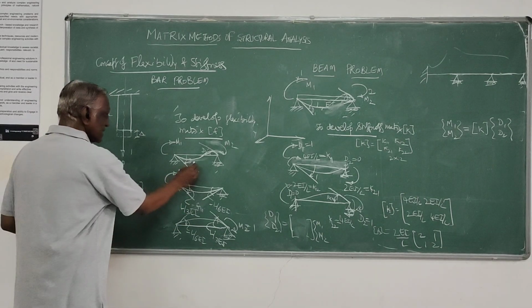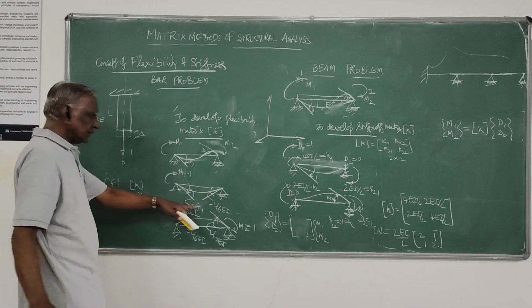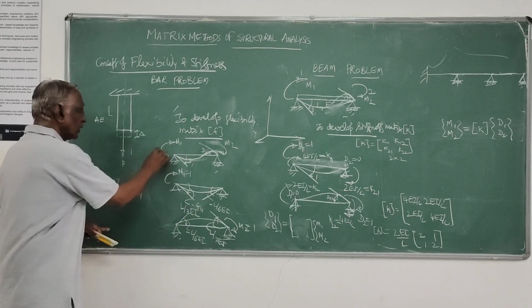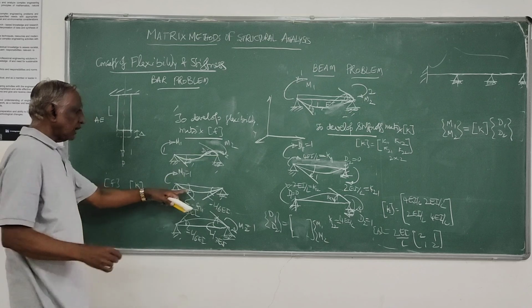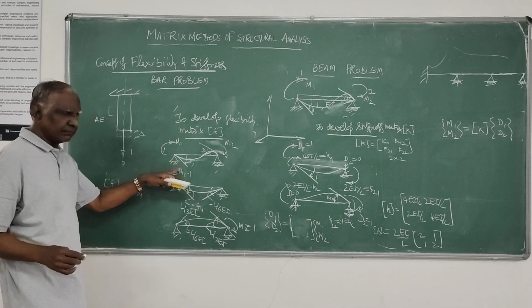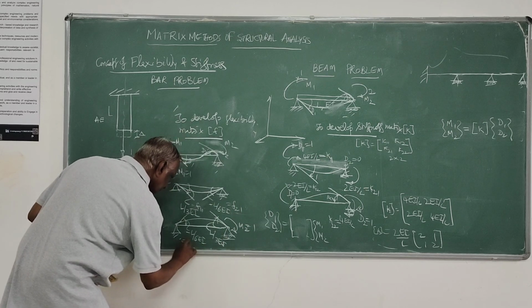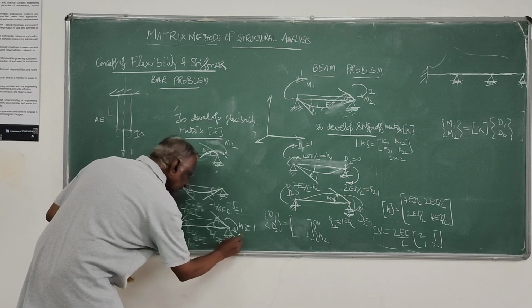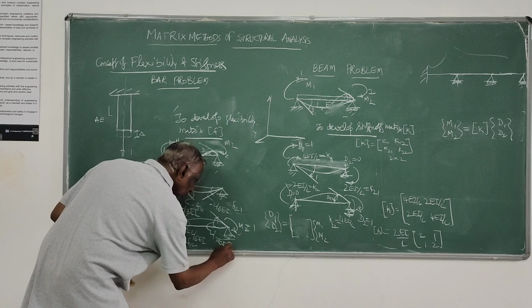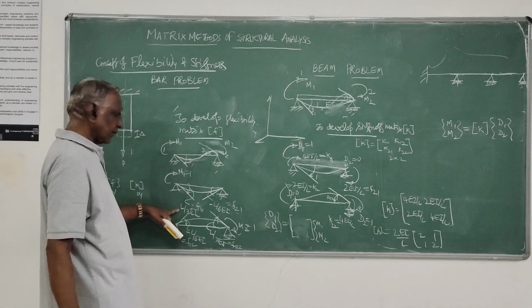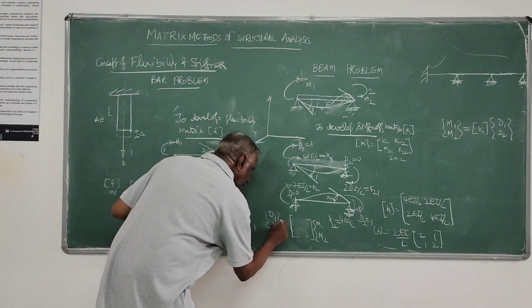So it is displacement along 1. This is coordinate 1, coordinate 2, along 1 due to unit force at 1. This is F21. This is F12. This is F22.